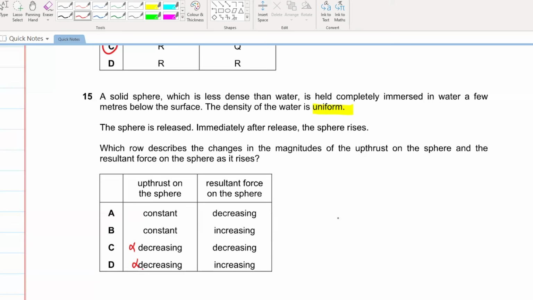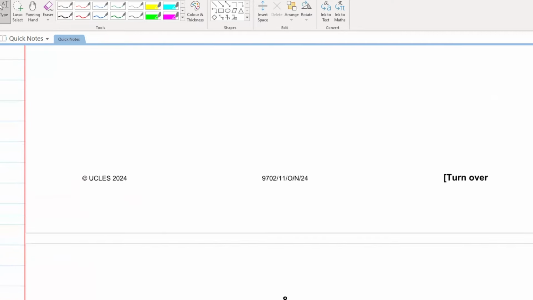And as the sphere is moving upward, its velocity will increase. As its velocity increases, what will the drag force do? Drag force increases. As the drag force increases, what will happen? The resultant force will decrease. A is your answer. Simple as that, nothing complicated.